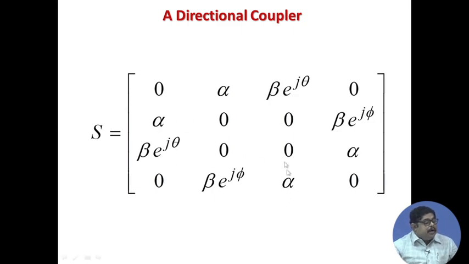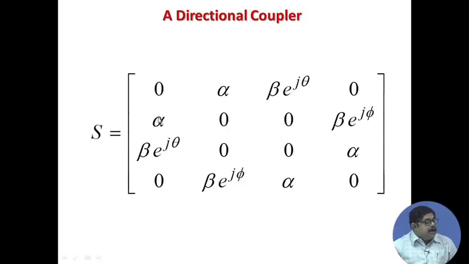Similarly, if you give power at port 3, then port 2 is isolated, other ports get something. Then if you give power at port 4, then port 1 is isolated. But the nomenclature of the ports is in terms of the port 1 case, because you will have to standardize.